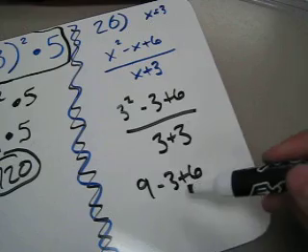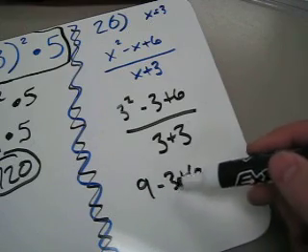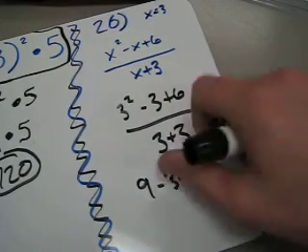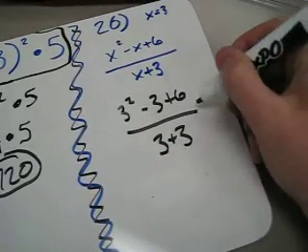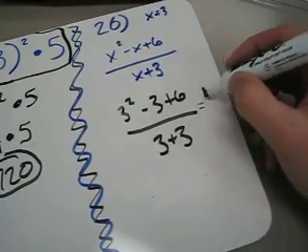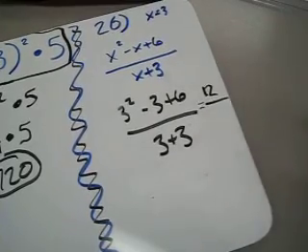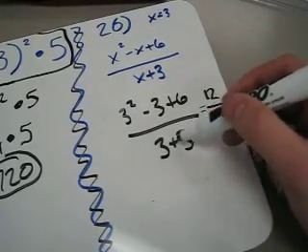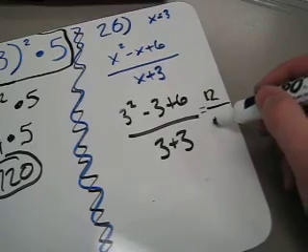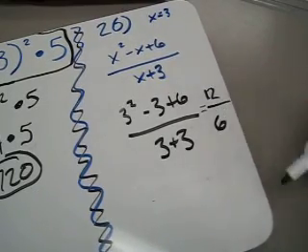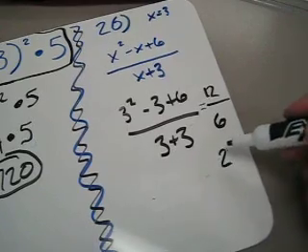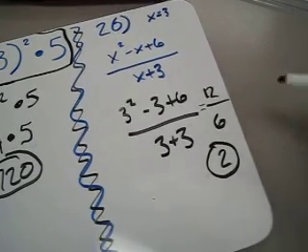Okay, if I go ahead and simplify that, 9 minus 3 is 6. 6 plus 6 is 12. Just for the sake of space, I'm going to simplify that process and just put 12 on top. Okay, on bottom we have 3 plus 3 is 6. So on the bottom of our fraction we're going to have 6. So 12 over 6, if we reduce that, we're just going to get our answer of 2.